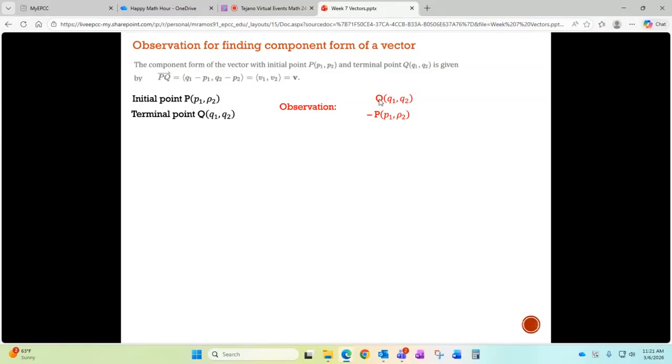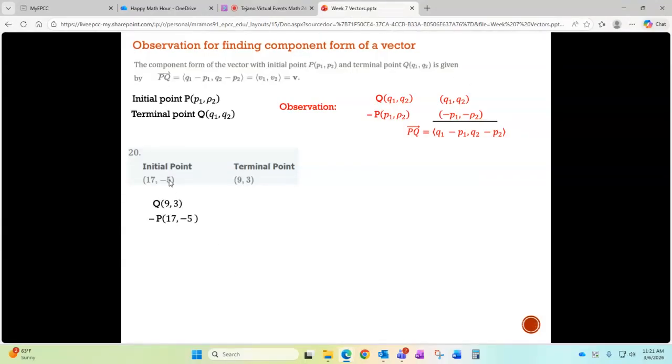If we take the values of Q, Q1, Q2, and we subtract the values of P, or change the signs of the coordinates of P, we get that formula: Q1 minus P1, Q2 minus P2. So it's another way to set it up for finding the component form of a vector. So let's see what this looks like as an example if we set it up this other way.